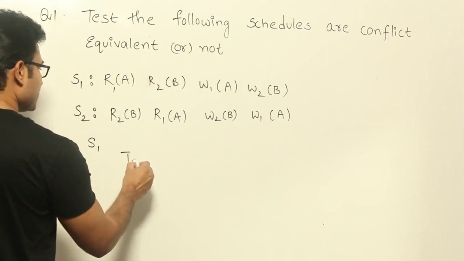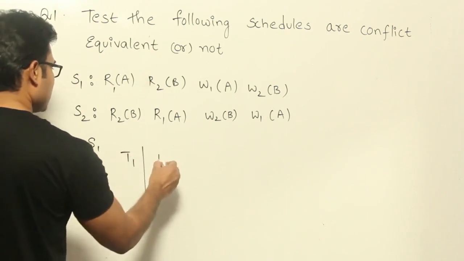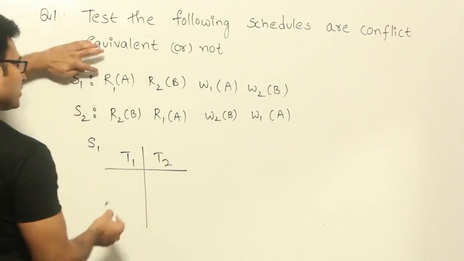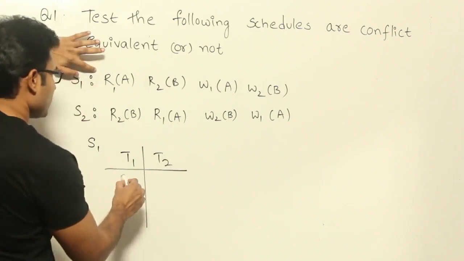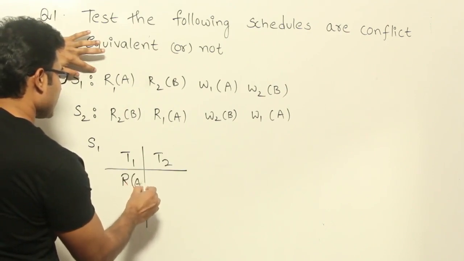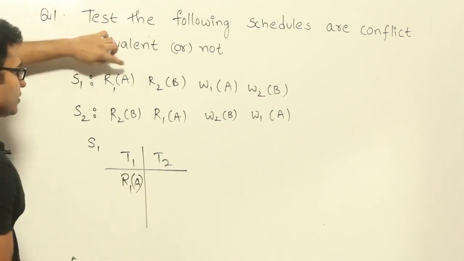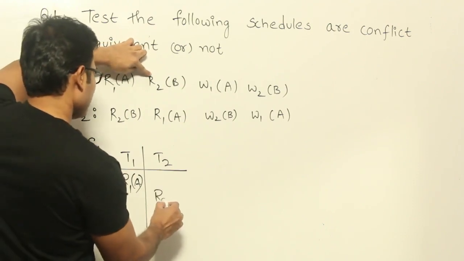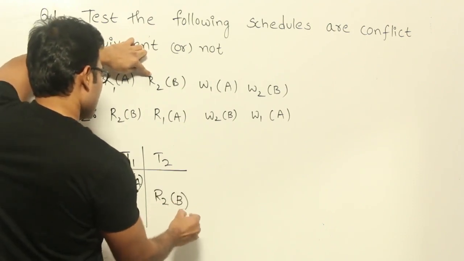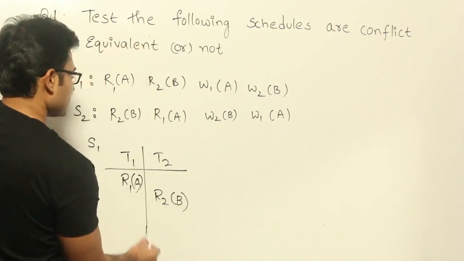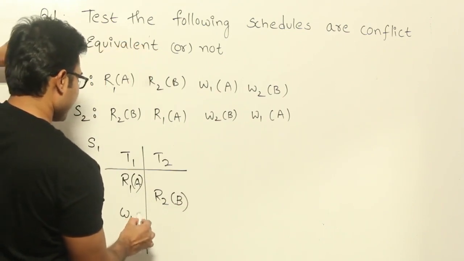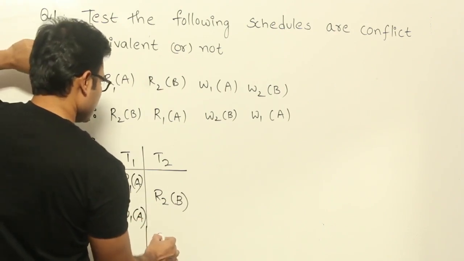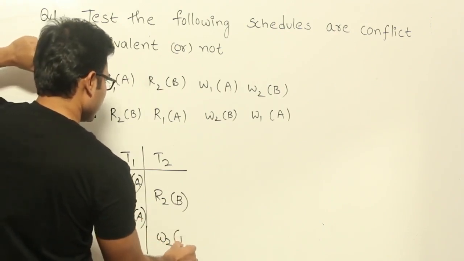S1 is going to have two transactions, transaction T1 and transaction T2, and from transaction T1 it is going to have first read, and then from this one read on B, and then from 1 it is write on A, and then from 2 it is write on B.